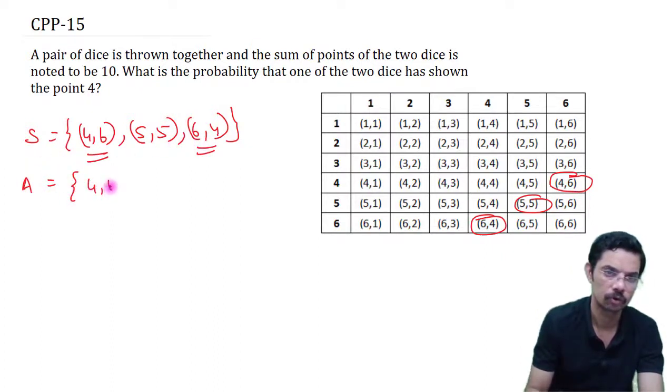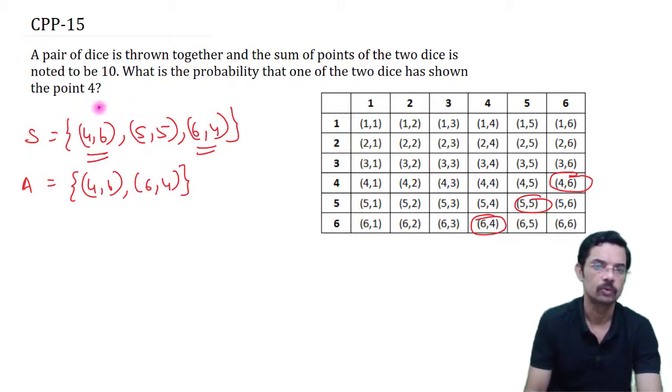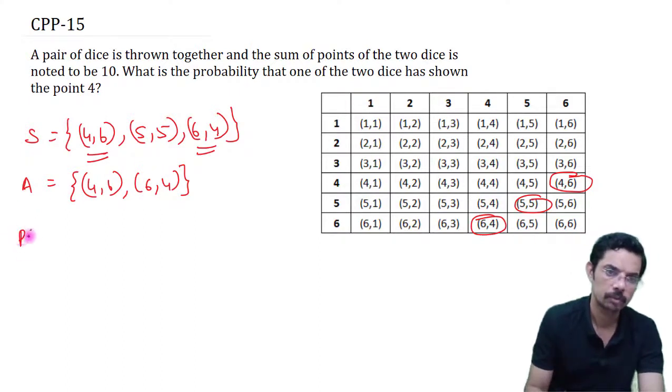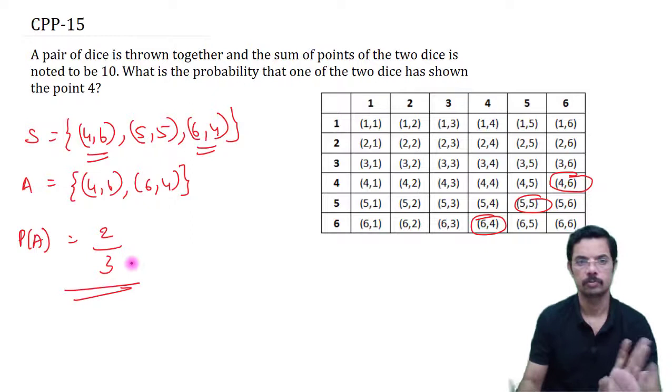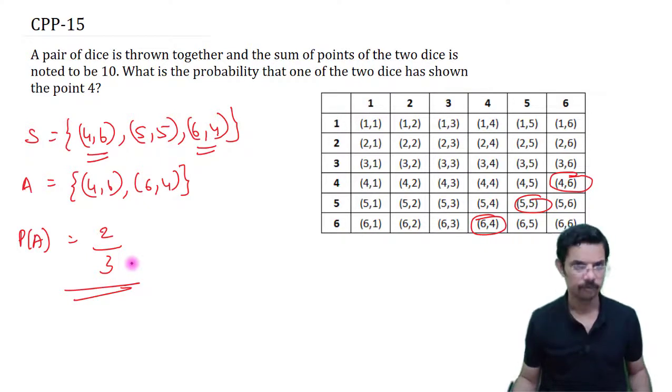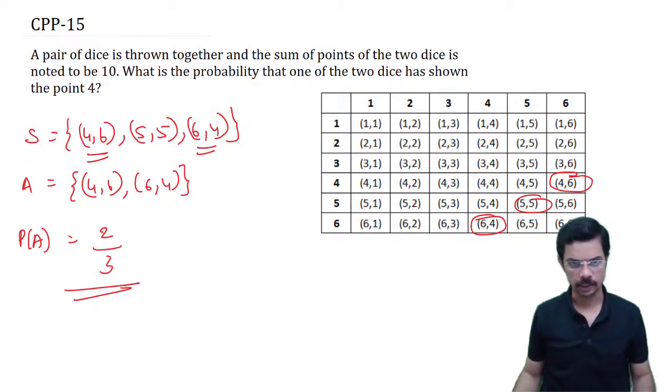These are the two possibilities which can give you the sum 10 as well as a 4 in it. Therefore, the probability of event A will be equal to 2 out of 3. So our problem is solved. We shall take the remaining questions in the next class.